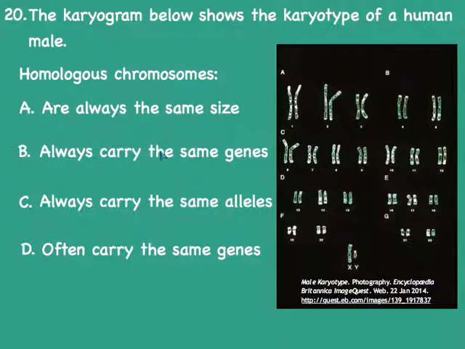They don't always carry the same genes, for the X and Y are a homologous pair, but they do not carry the same genes. Genes that govern traits like color blindness and hemophilia are not present on the Y chromosome. So the only option would be to select D, that homologous chromosomes often carry the same genes, like these 22 other homologous pairs in the male karyotype.